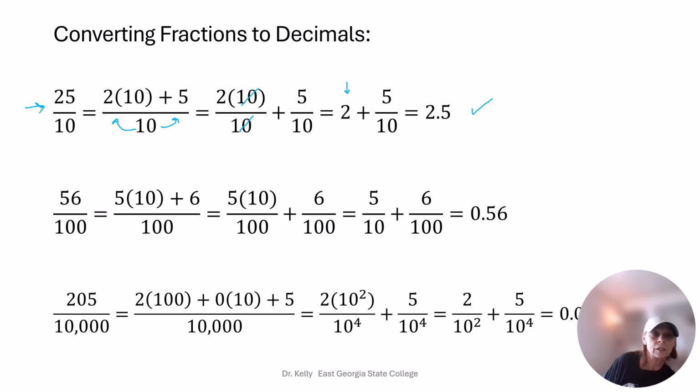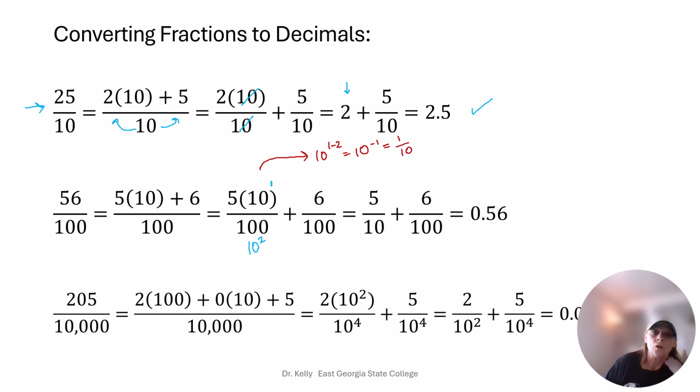Here I also did it with 56 over 100, breaking them apart. Now when you get to the 5 times 10 over 100, remember that 100 is 10 to the second power. This is 10 to the first power. So one thing we can do is employ our exponent rules, and it says when we have them divided, we can subtract them, and so that would leave us with 10 to the negative 1, which is 1 over 10.